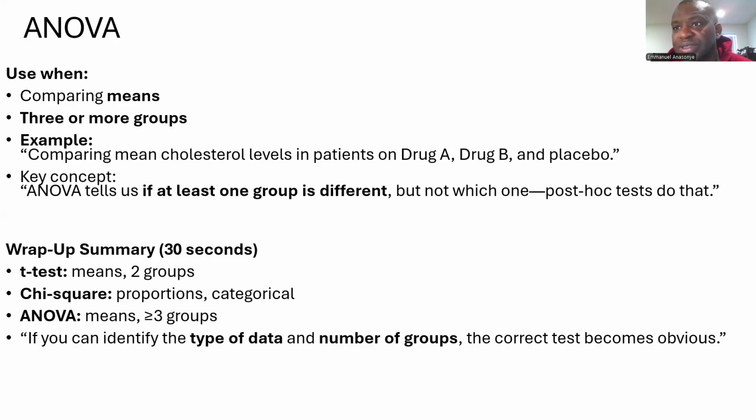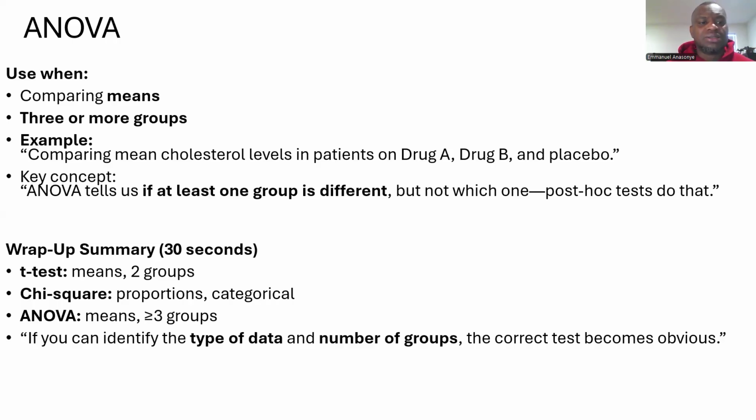Whenever you're talking about hypothesis testing, pay attention to whether it's means, whether they're talking about categorical data versus continuous data, whether it's the same group being treated before and after, or different groups being given treatment, like one being a control and one being the treatment group.